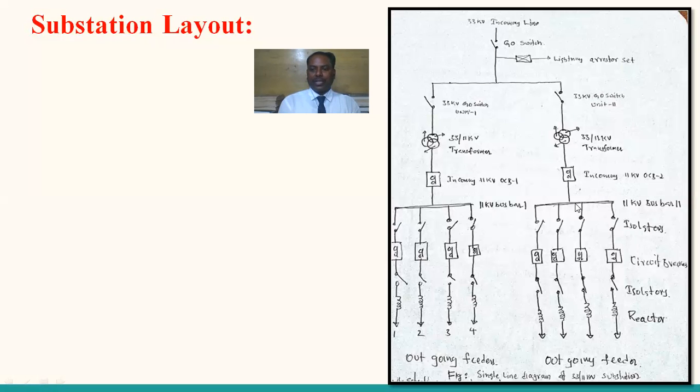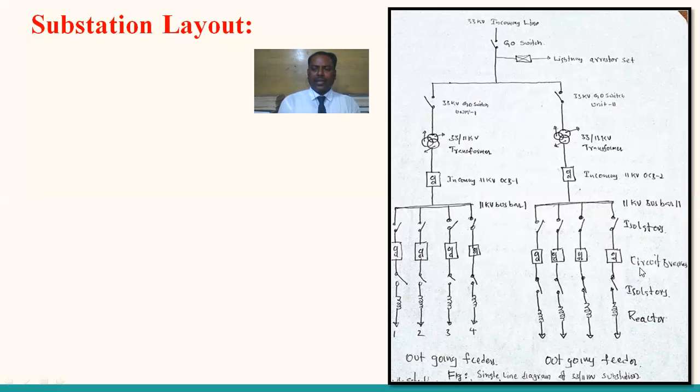Then the incoming 11 kV circuit breaker, in the same fashion, and the 11 kV bus bar. This bus bar also feeds the 4 outgoing primary feeders through isolator, circuit breaker, again isolator and reactor.